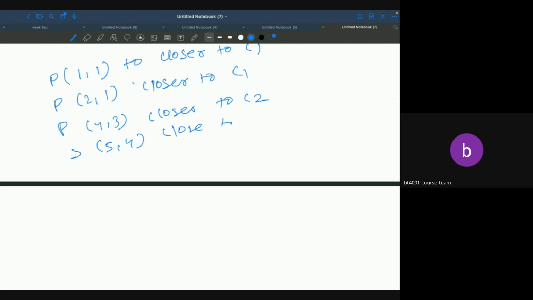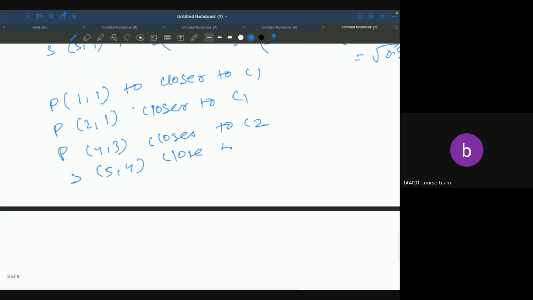So you can see that after the second iteration, the assignment does not change.